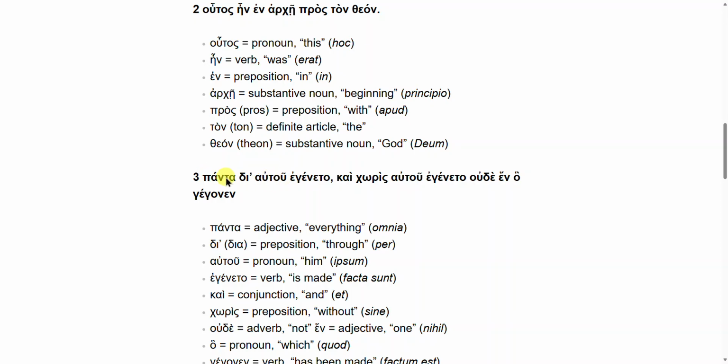So panta, everything, dia. We see dia here is a preposition. In Latin, it's translated as per, and it means through. In Latin, per, the preposition, takes the accusative case. But here in Greek, this preposition dia takes the genitive case. So when you learn grammar, you'll see that autou is in the genitive case because dia takes the genitive case.